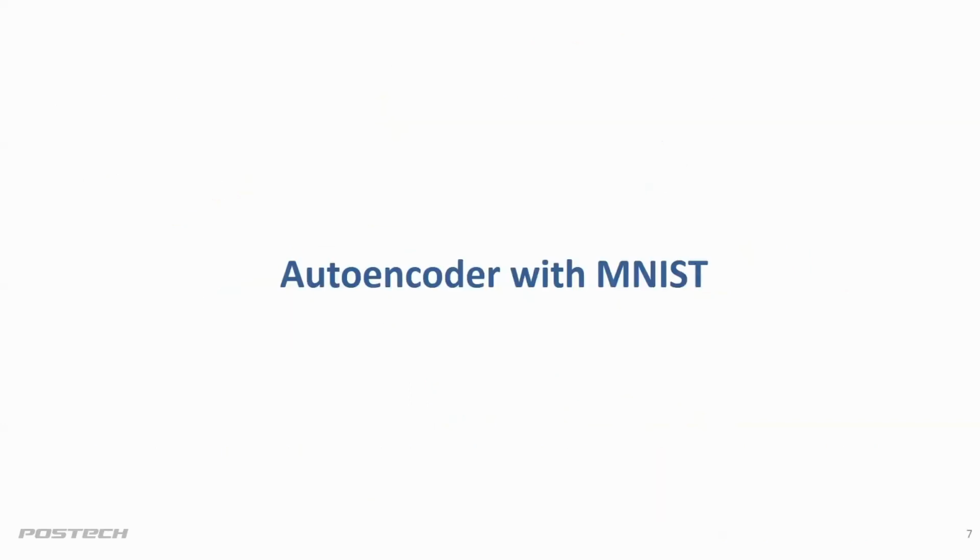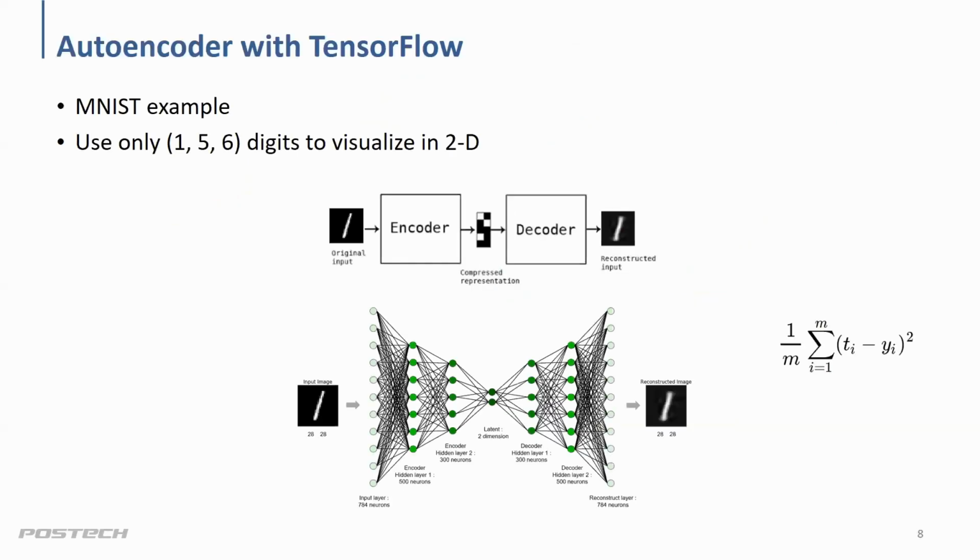And let's try to implement the autoencoder structure with the MNIST dataset. This is the exact structure that I'm going to implement. The input is 784 because that's the flattened image, and the output should be the same. I decided to have two neurons in the latent space. That means starting from 784, I'm going to squeeze down to 2, and then reconstruct it.